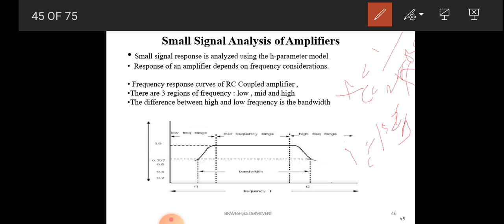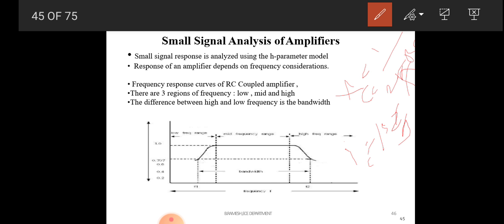See the frequency response again, I am going to explain it now. At zero frequency the gain is zero. When you gradually increase the frequency, the gain increases. At low frequency the gain is not maximum because the circuit capacitance reactance is very high, so it can't allow the maximum amount of signal.